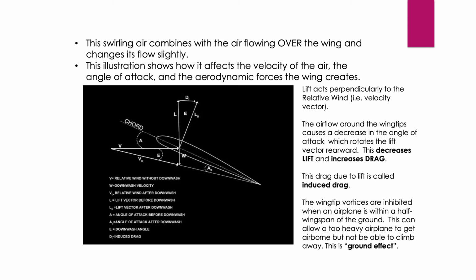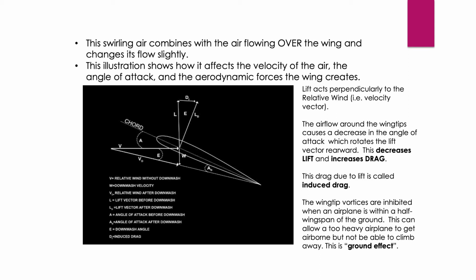Now that third dimensional airflow actually affects the air going over the top of the wing and changes the flow field slightly. And what I'm trying to show you with this vector relationship is that it actually affects the angle of attack of the wing.